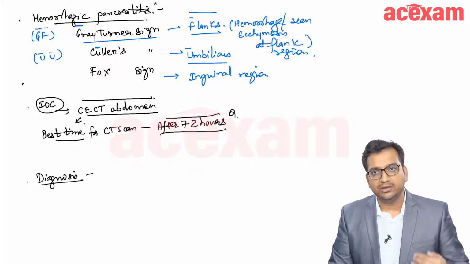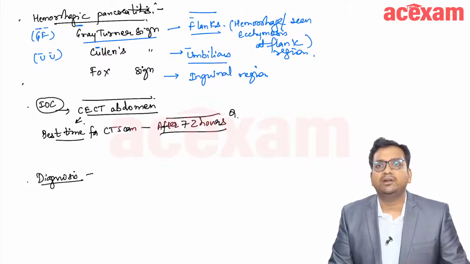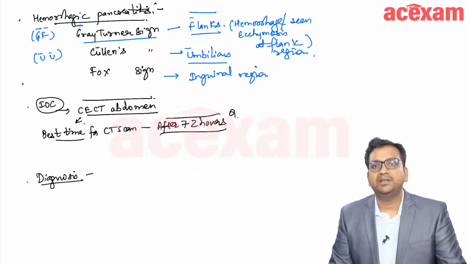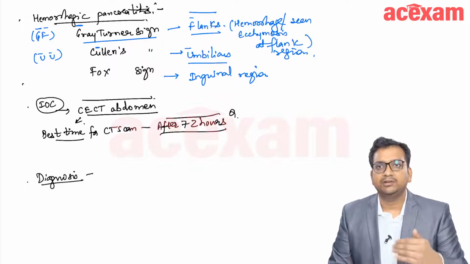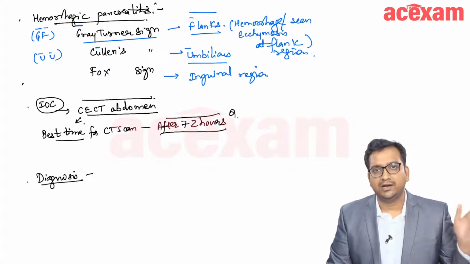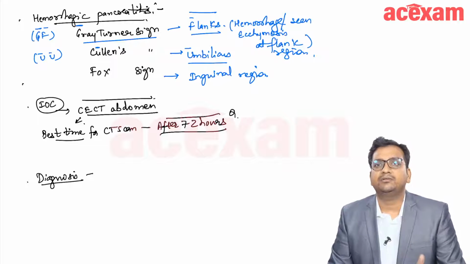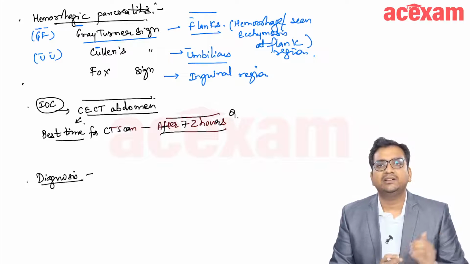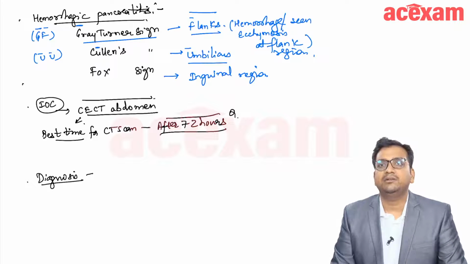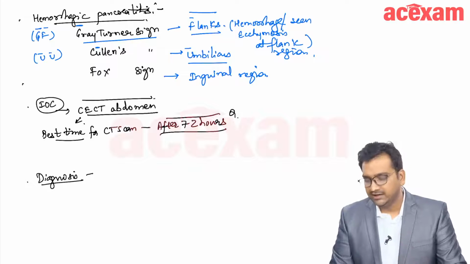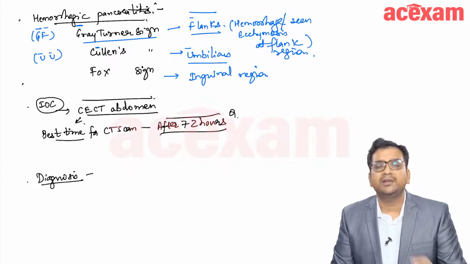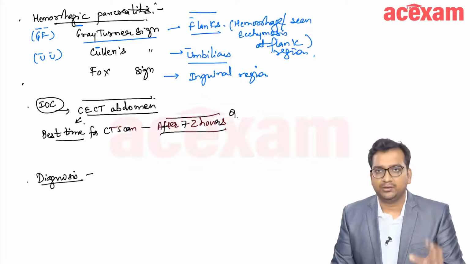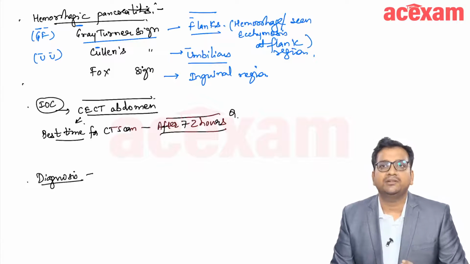So if we do the CT within 24 hours, we might miss the pancreatitis or the inflammation which will be developing in the 72 hours. After treating acute pancreatitis patients for so long, it has been decided that we should get a CT done after 72 hours, that is after 3 days, and that is the best time to pick the extra pancreatic complications, the necrosis, and the peripancreatic inflammation.